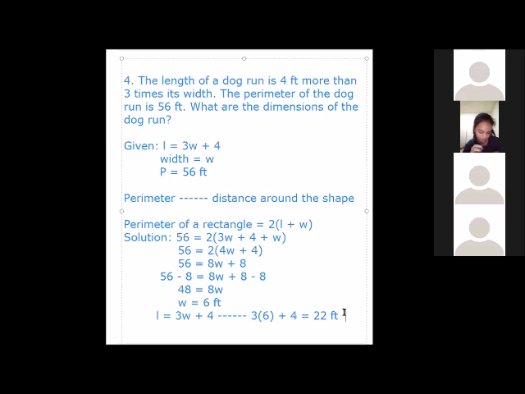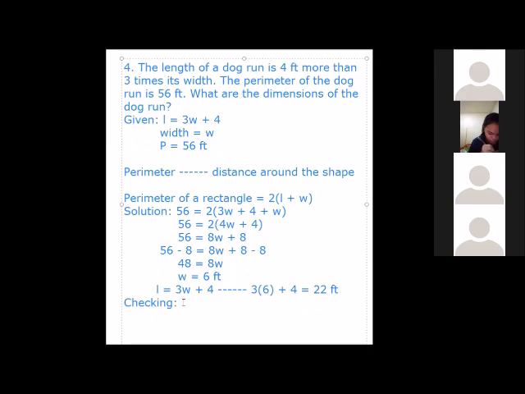Now, how will we check if our answers are correct? We will go back to our formula, right? Our perimeter is 56. The formula for the perimeter is 2 times length plus width. So 56 is equal to 2 times length, which is 22, plus width, which is 6.